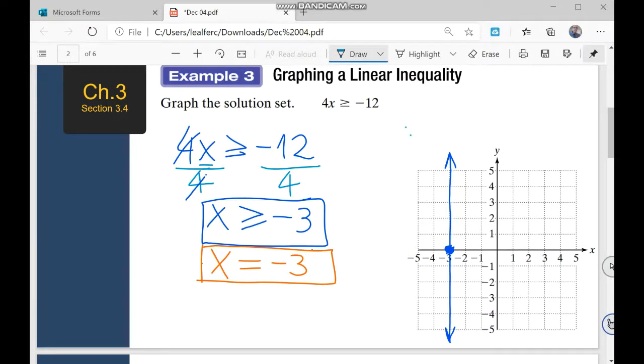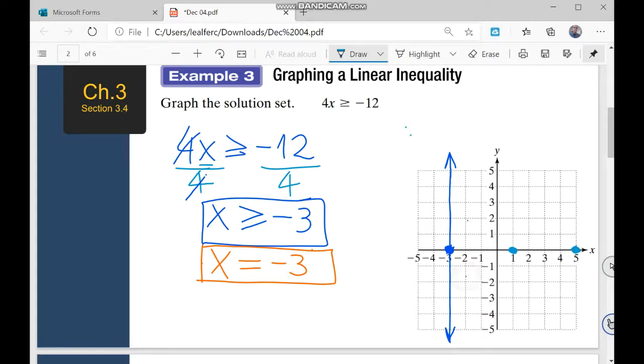Get 1 point, let's say this point here, x equals 1. And ask yourself, is 1 greater or equal than negative 3? Yes, 1 is greater or equal than negative 3. Get another point, let's say 5. Is 5 greater or equal than negative 3? Yes.